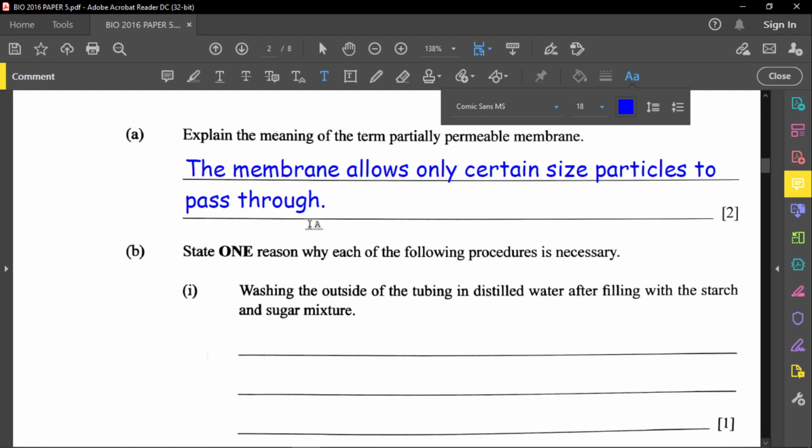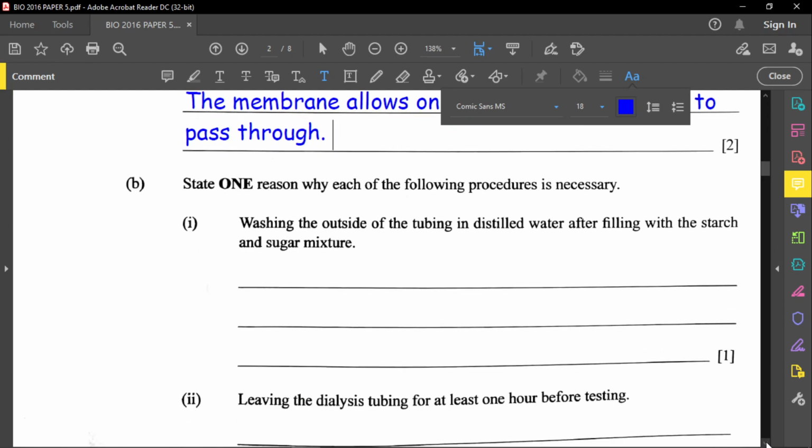All right, and so it says state one reason why each of the following procedures is necessary. So one, it said washing the outside of the tubing in distilled water after filling with the starch and sugar mixture. So the reason for doing that is to remove any residue.